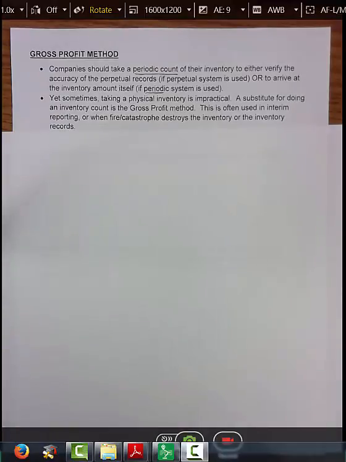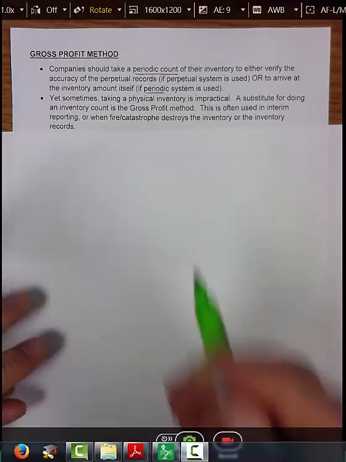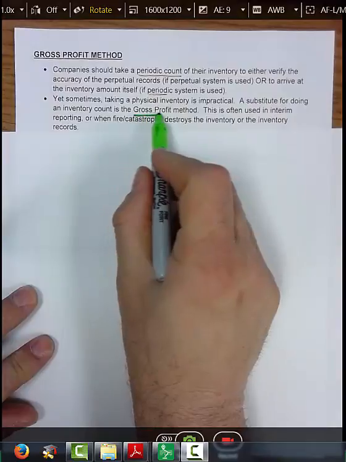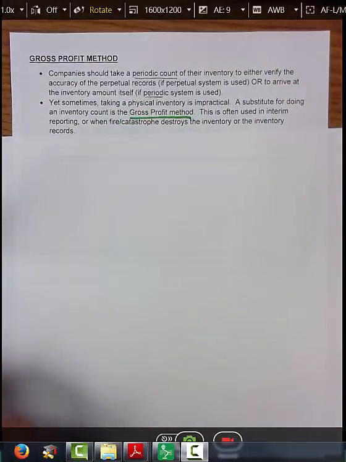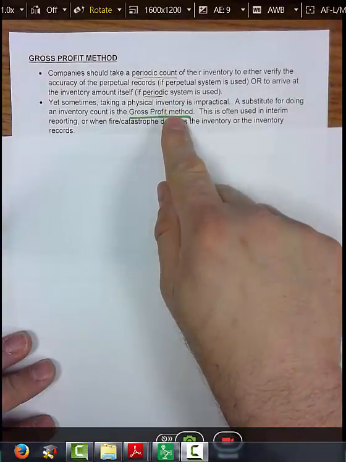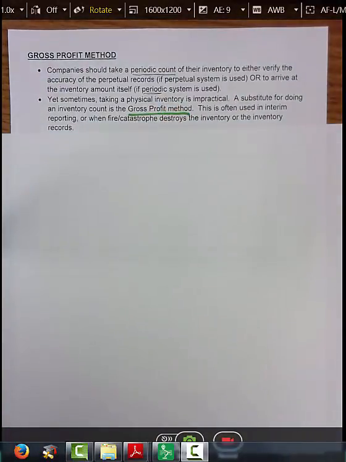Now, a substitute for taking a physical count of inventory is what is known as the gross profit method. Generally accepted accounting principles does not let us use this method to estimate inventory for annual reports, but they will allow us to use it for interim reporting, like quarterly reporting that a company might do.